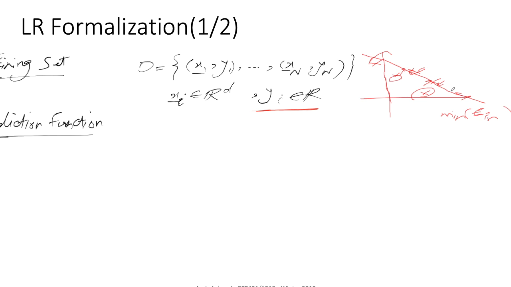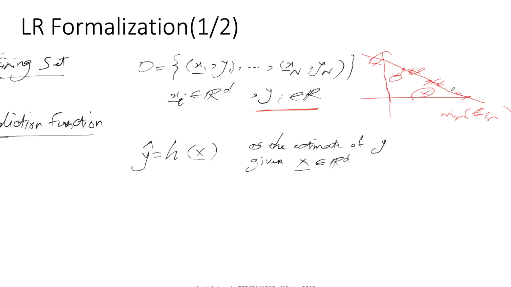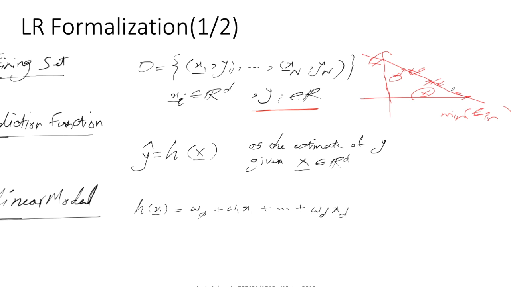For the training set, we have the D matrix, and for the prediction function, we have y hat of our hypothesis x as the estimate of y given our x's from our d-dimensional space of R. As per our linear model, our hypothesis would be h of x equals w0 plus w1 x1 up to wd xd.